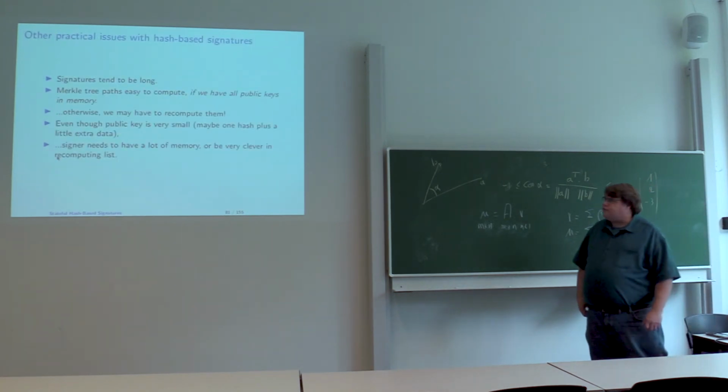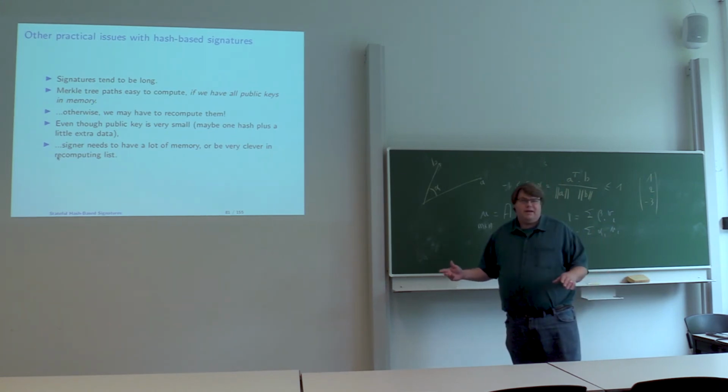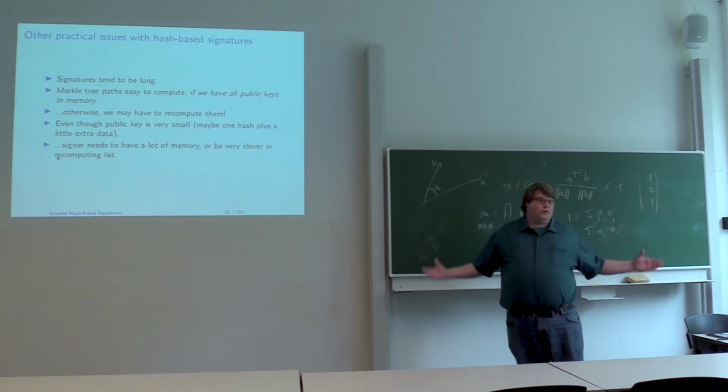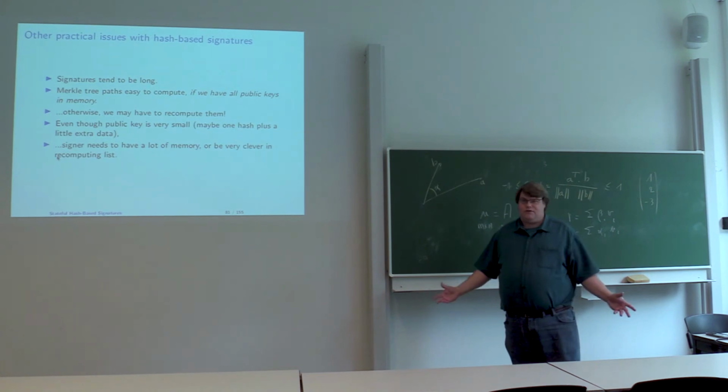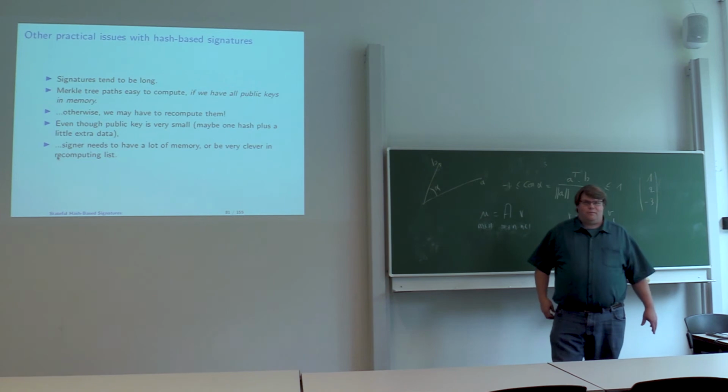Figuring out how to do this in small memory requires some cleverness, and it would be easier if you could store the whole Merkle tree in memory. But if you've got 1 million signatures, it's going to be something like 64 meg to store the tree in memory, and that's a lot.